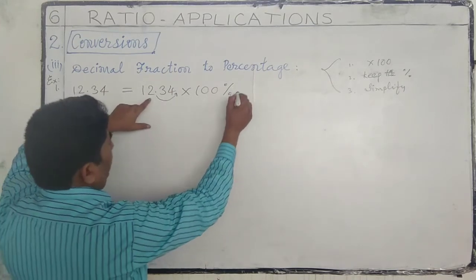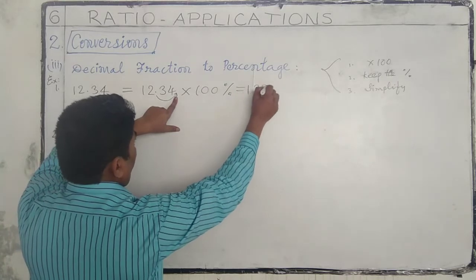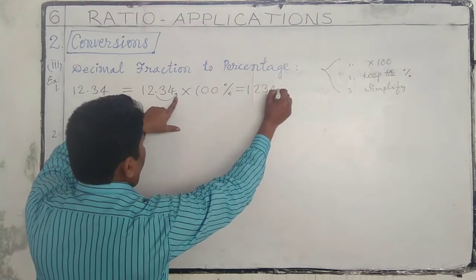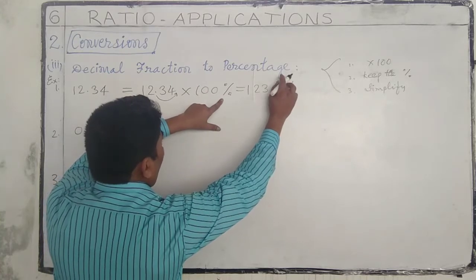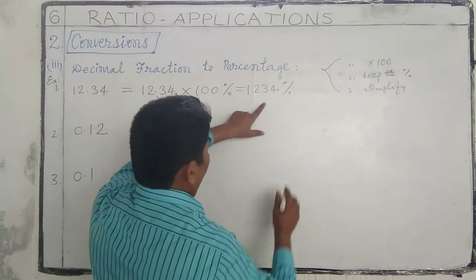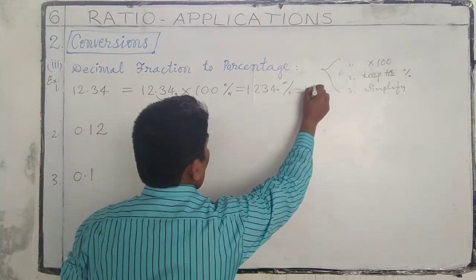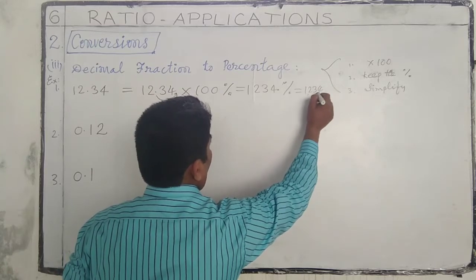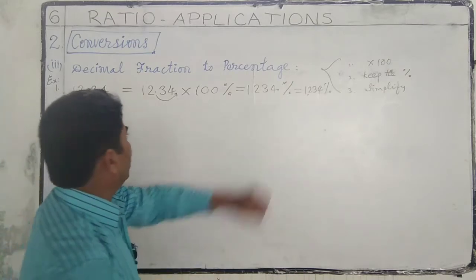So that's why the point will come here. 1 2 3 4. Here the decimal point, then the percentage sign. There is no decimal part, so we can simply write the whole number only. 1 2 3 4. 1234 percentage. This is the answer.